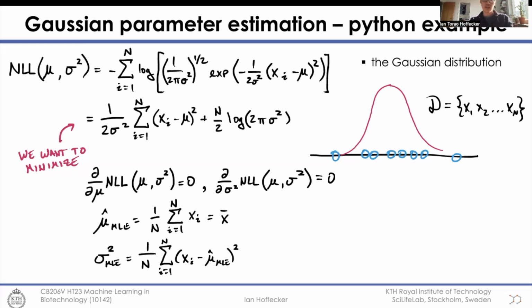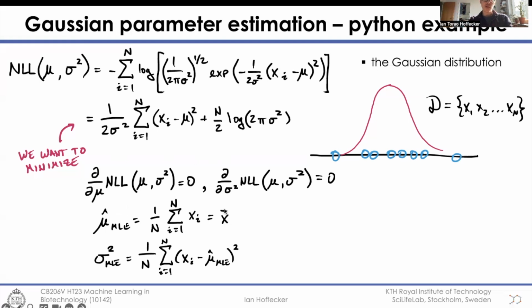Different changes or steps in the parameters we can think of as a small incremental change, like del mu here, or del sigma squared. And the point where you no longer see any change in the negative log likelihood, in other words, where the slope of the function is 0, is going to correspond to some sort of minimum or maximum, if we remember back to calculus.